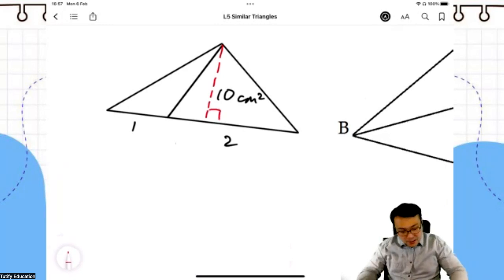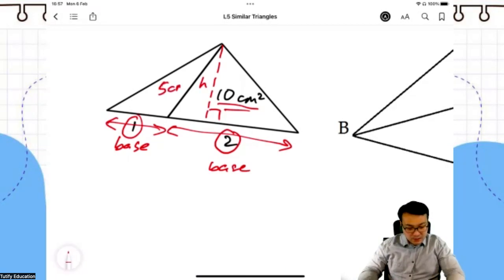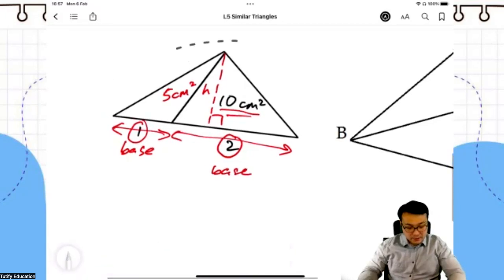Slanted, so what? I can still call this the base, right? Even if it is slanted, as long as the height is 90 degrees, then you're fine, okay? So if the ratio is 1:2, this is 10 cm square, then the area should be 5 over here. Because the ratio of the base is equal to the ratio of the height.